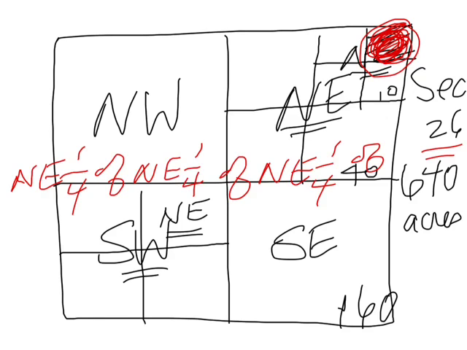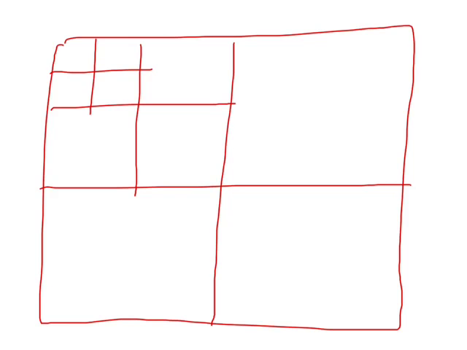Now, what we're going to do here is we're going to make another one just so that you can see it and give you a little practice. Here's section 26. What I'd like for you to do is tell me what is this section right there. All right?